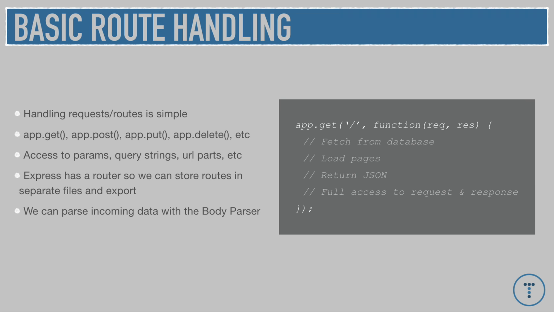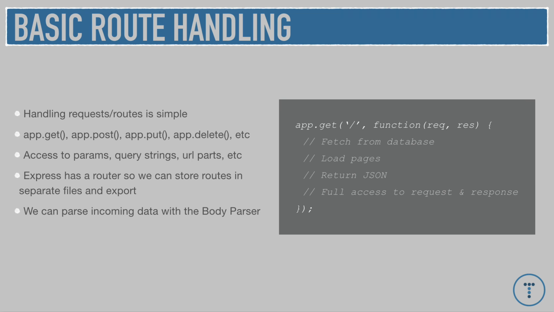And then the response object represents the HTTP response, and it's up to you to use this object to basically send back JSON data. Do you want to render a template? You can do multiple things with this response object. If you want to redirect, you can do res.redirect.